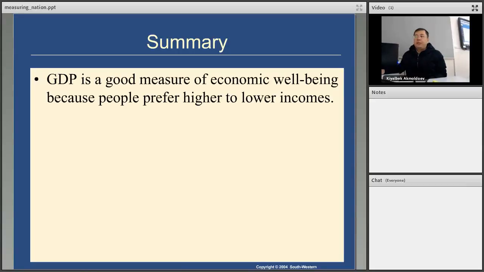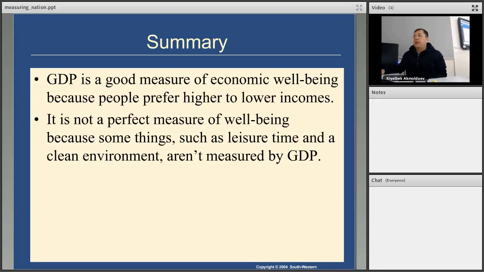The GDP deflator, calculated from the ratio of nominal and real GDP, mirrors the price level in the economy. GDP is a good measure of economic well-being because people prefer higher incomes to lower incomes. It is not a perfect measure of well-being because some things, such as leisure time and a clean environment, are not measured by GDP. So that was all about GDP.